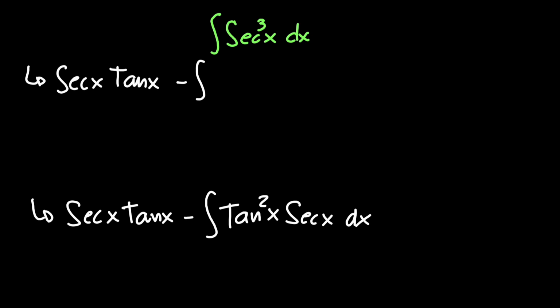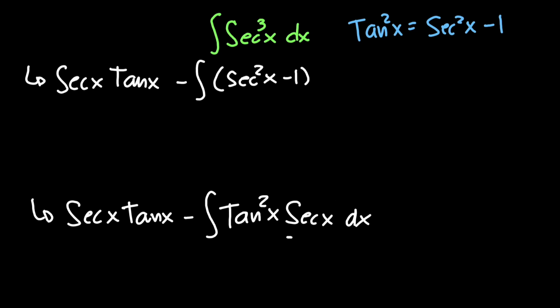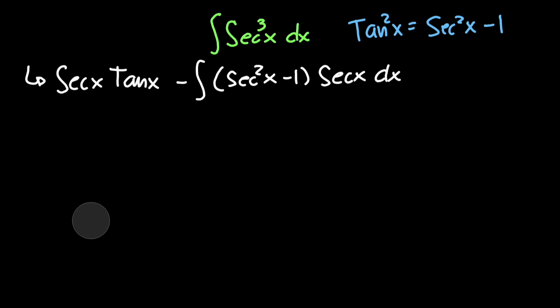Based on that trigonometric identity, tangent squared of x is actually equal to secant squared of x minus 1. So by rewriting this one, and copy the rest, distribute now secant of x again among the parentheses values.